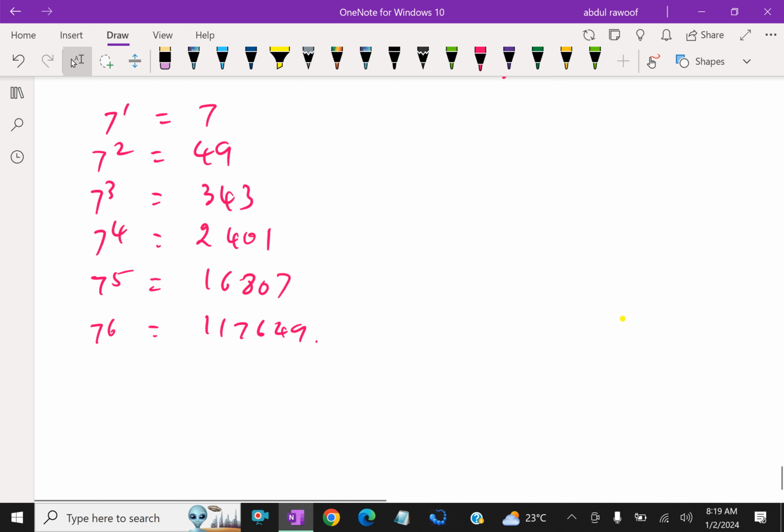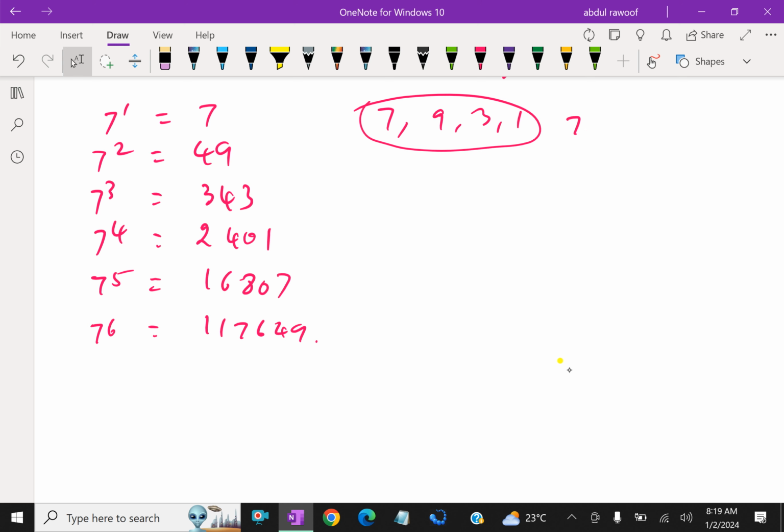Look here, the last digits are 7, 9, 3, 1, and then the pattern repeats. That means the last digits of the powers are 7, 9, 3, 1, and further starting with 7, 9, 3, 1, like it goes.